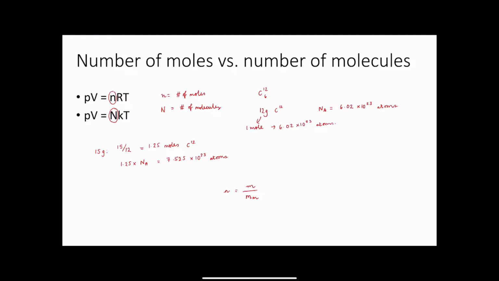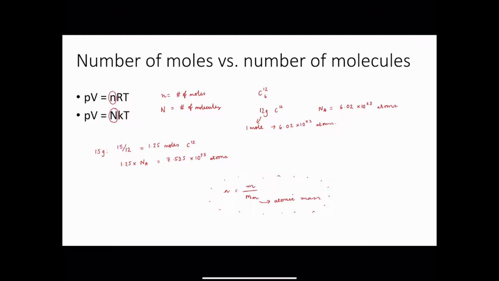And the molar mass is essentially nothing more than the atomic mass. Okay, so this is a really, really important link between the number of moles versus the number of molecules that you can find out. So we're going to see how those two things link and why it's important as well.